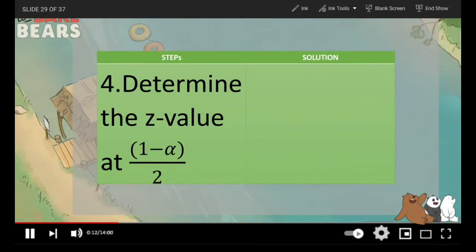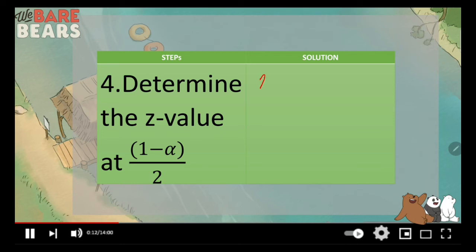Let us proceed with step 4, which is we have to determine the z-value at 1 minus alpha over 2. So again, in determining the z-value, we have z sub alpha over 2 equal to (1 minus alpha) divided by 2.